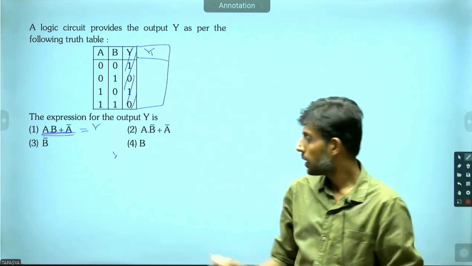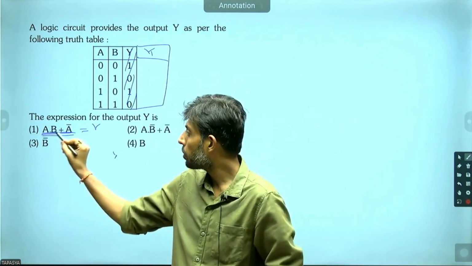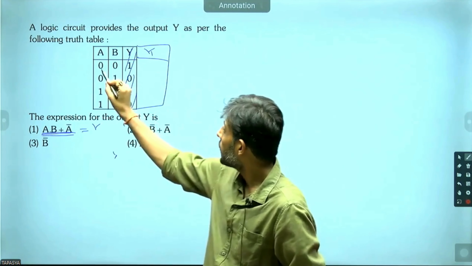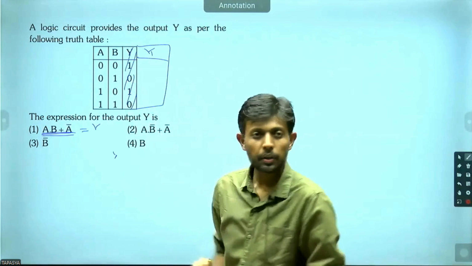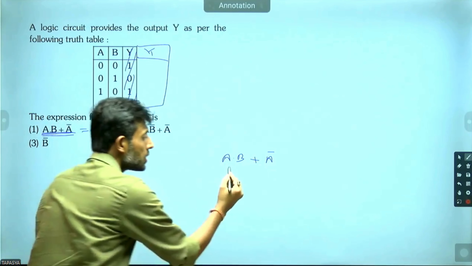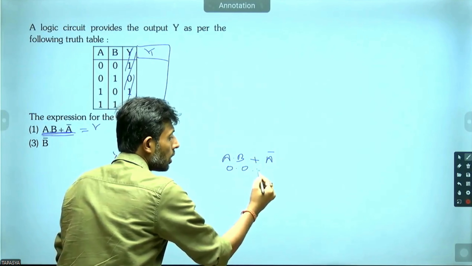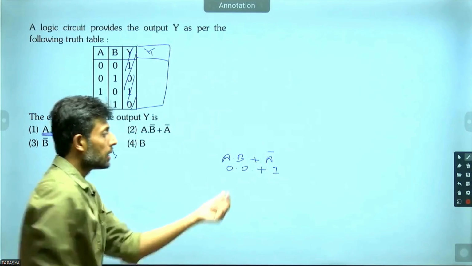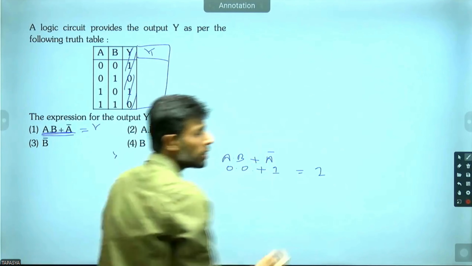What does it say? This expression says A dot B plus A not. That means when A is 0 and B is 0, A dot B will also be 0. A dot B plus A dash: this is 0, and not A would be 1. So this thing will give us 1.